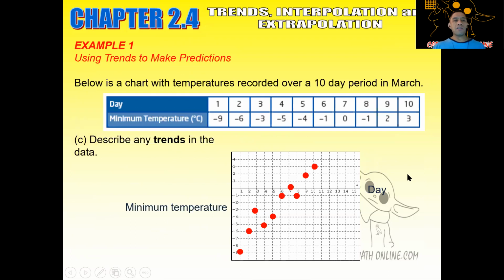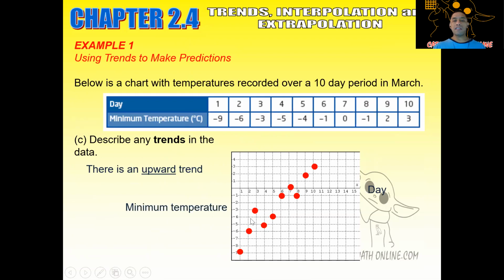It says here, describe any trends in the data. Remember, the way to describe the trend is the basic or overall direction of the data that you have plotted on this graph. As we read these, always read it from left to right. Starting with this bottom left point, notice the general direction or general pattern is upwards.